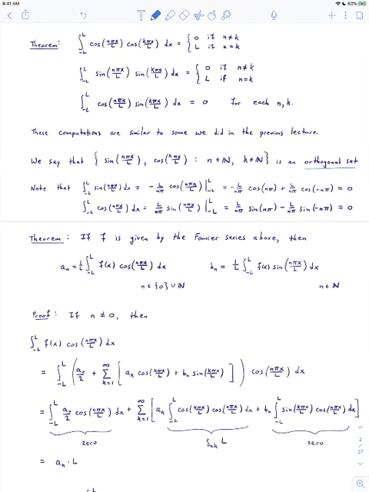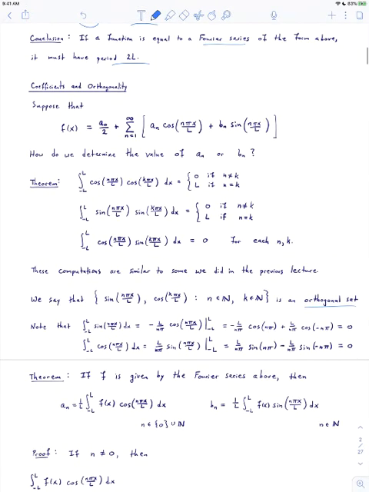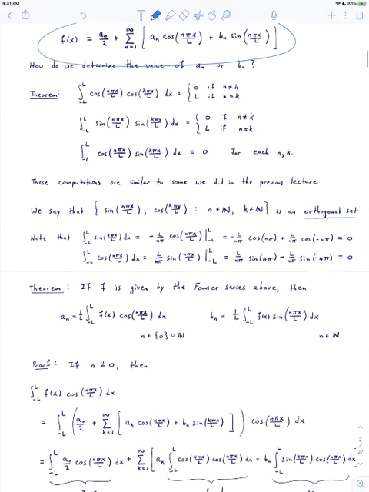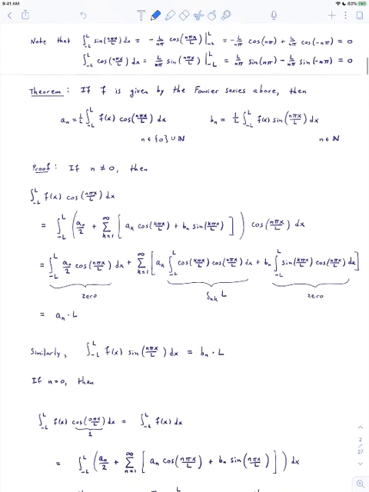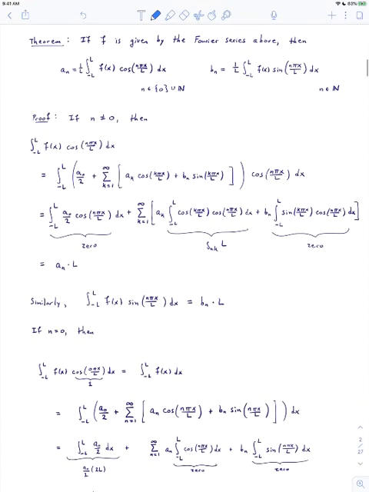So here's our theorem. If f is given by the Fourier series above, in other words, if f is given by this Fourier series right there, then the way to compute the coefficients, a_n and b_n, is given by integration against these sines and cosines.